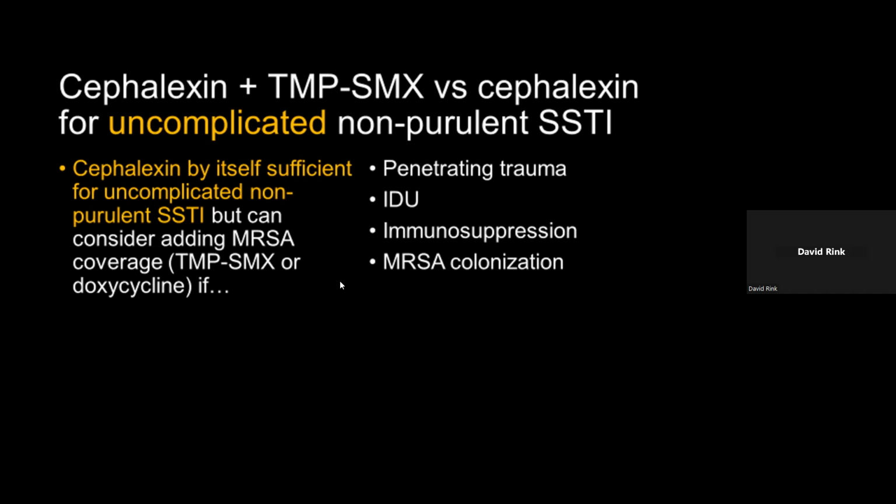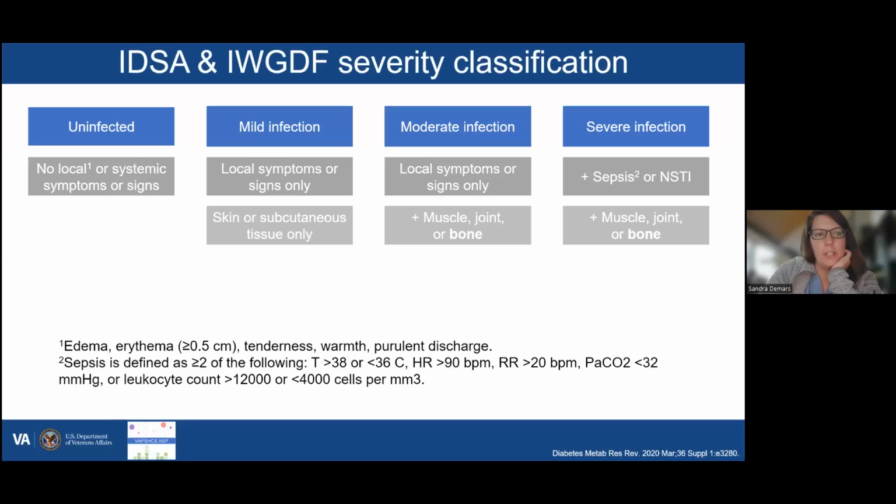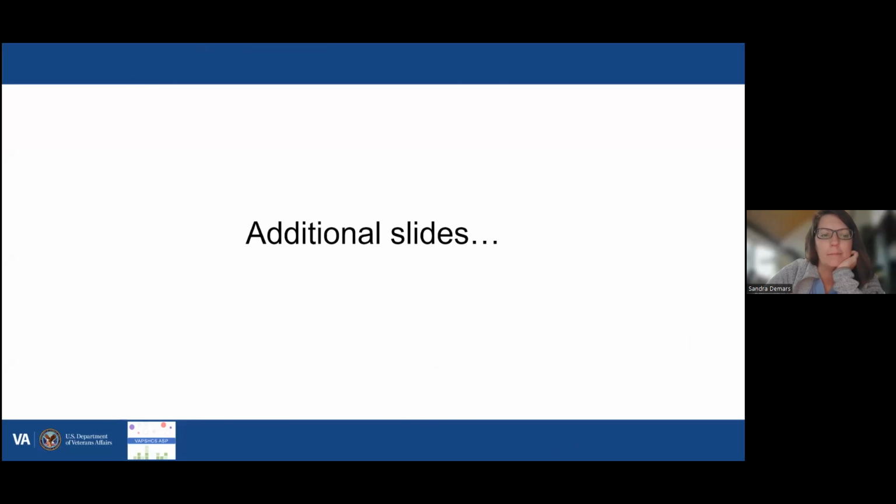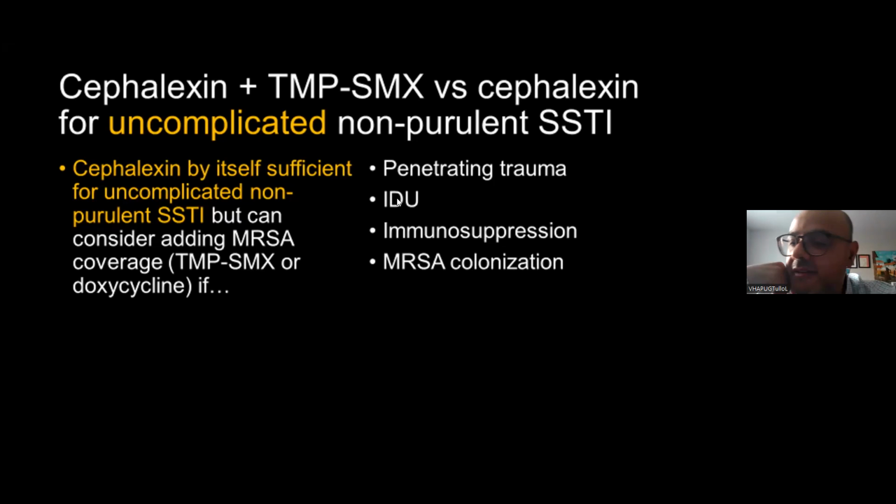And Louise, Lily had a comment about the Harborview population. Specifically in your IVDU population, even if you don't see purulence, do you then cover for MRSA empirically? Yeah, so that's one of the populations where you could add MRSA coverage. The pathophysiological reasoning there is that if they have MRSA, they're at higher risk for an endovascular infection, and you want to prevent that as much as possible.